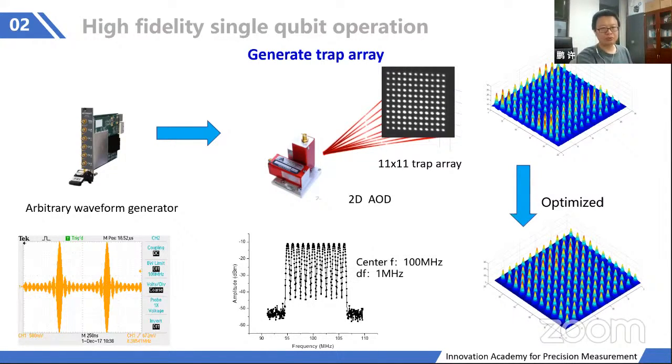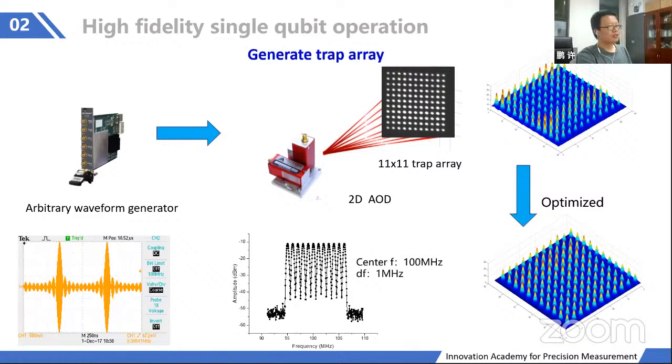It is better to see whether we can have single qubit operations in the atom array. In an atom array with more atoms, can we still have each atom with a very high fidelity?